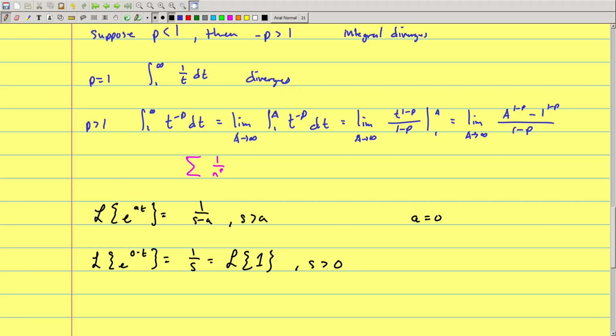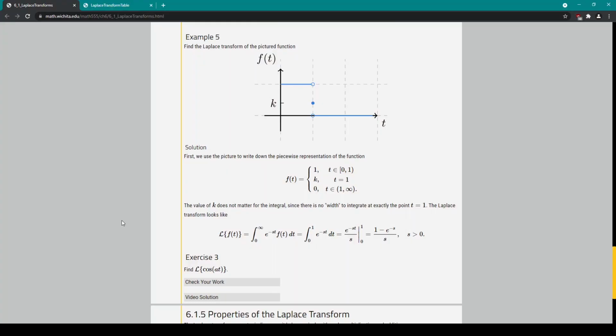All right. Now, one of the more important exercises related to the idea of having to deal with jump discontinuities in our functions is given here by example 5.